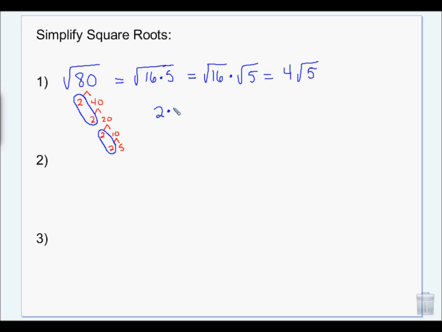Another matching pair, one of them. And whatever is left over, this 5, nothing matches that. Whatever is left over stays under the radical. And then you multiply whatever you took out and whatever's left over back together. So 2 times 2, 4, and then that 5 was left over. If there was, say, a 3 also left over, then there would be 5 times 3 or something. You know what I mean?